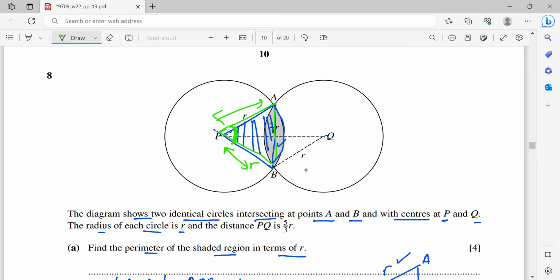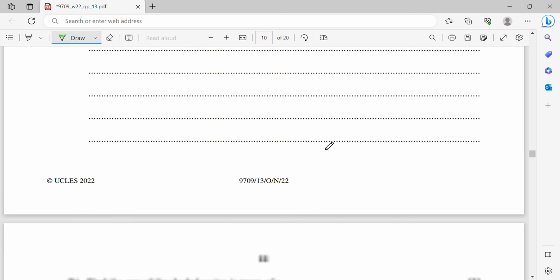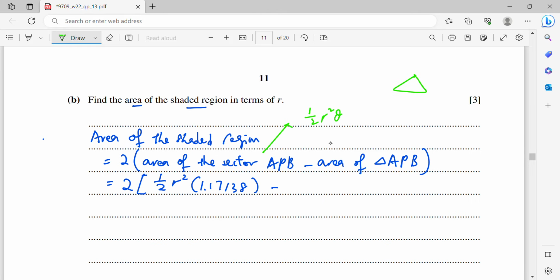So I'm getting half r sine the angle, which is half r sine 1.17138. When you simplify this, at last you will be getting 0.250r.